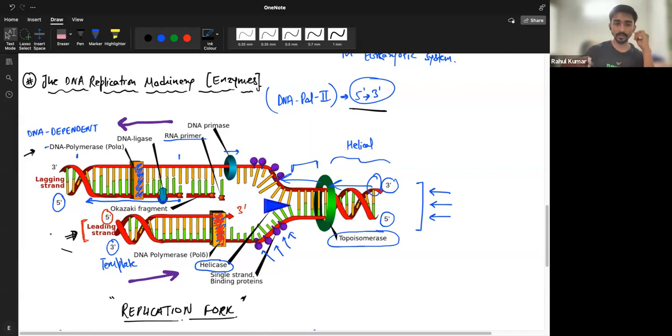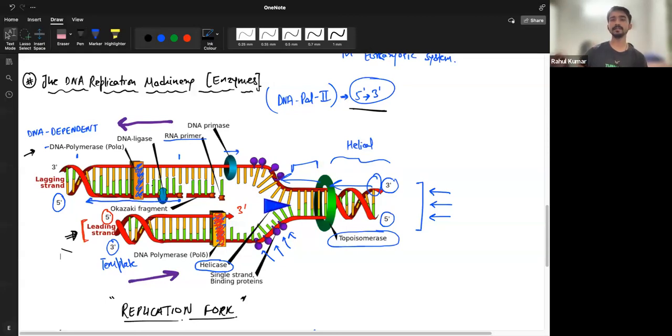But on the other strand, there is a little bit of an issue because when the double strand opens, the polarity of the parent strand here is 5' to 3'. And it is the same polarity in which DNA polymerase also works.